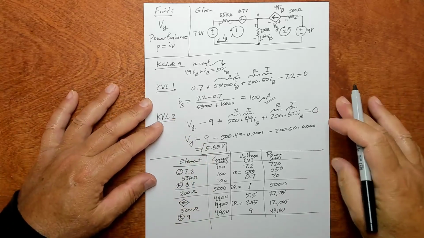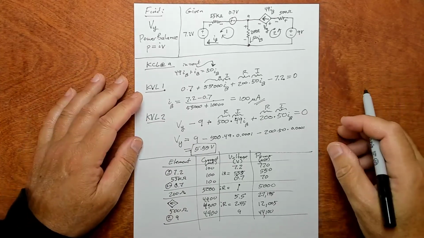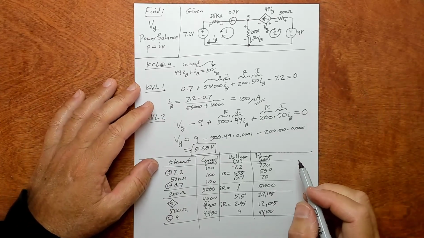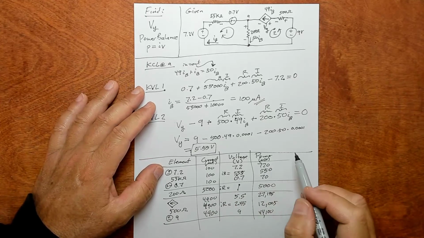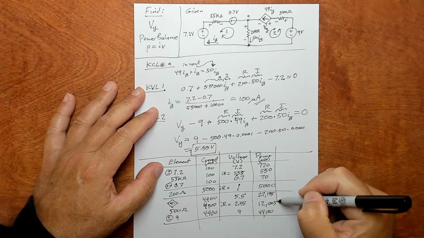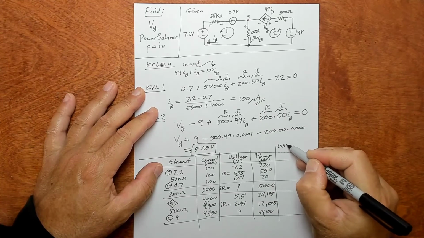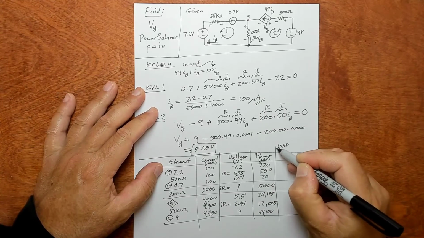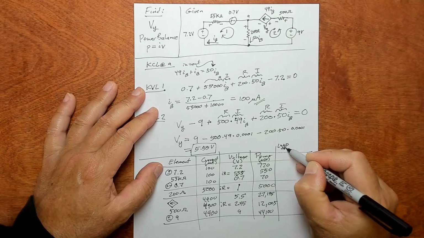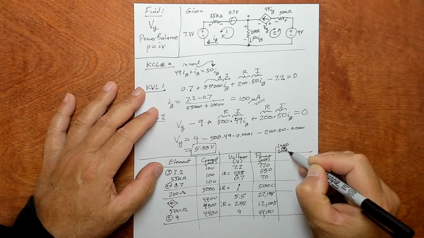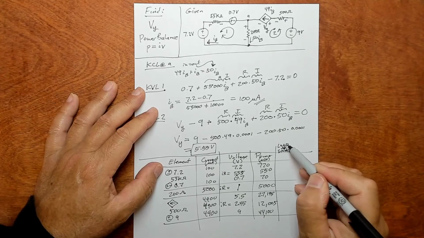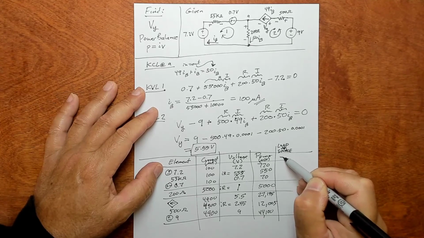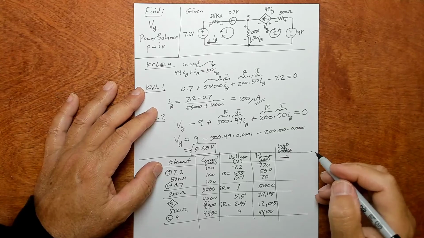All right. Who's a load? Who's a source? So you need to look at the polarities on these things. Let's do the current going this way for all of these dudes.